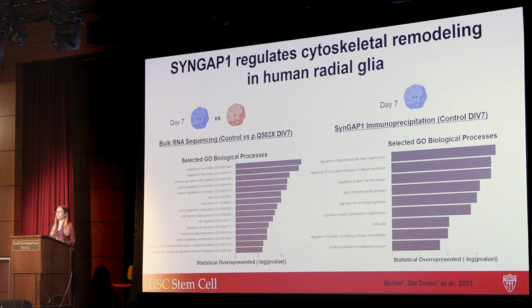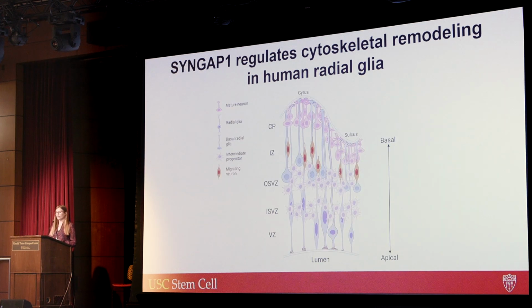And when looking at the interactors of SYNGAP, we found that most of these proteins were related to cytoskeleton. And so this really suggested to us that SYNGAP at these early stages might have a role in cytoskeletal remodeling of radial glia cells. And cytoskeletal remodeling in radial glia cells in the context of cortical development is really important.